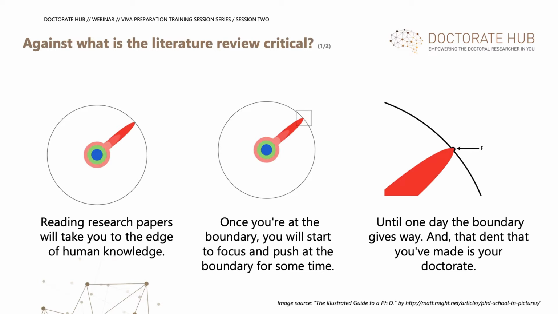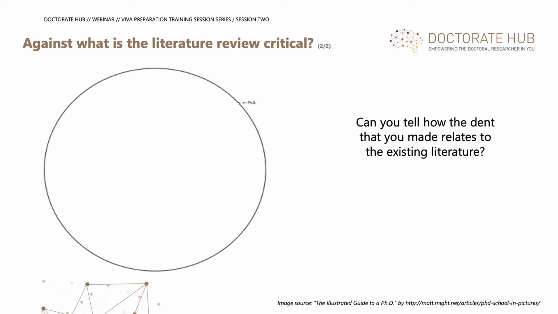By the way, it wasn't me drawing that, but it's taken from a source which I encourage you to look into. And I think Matt has brilliantly illustrated how that looks. By the end, once you've made your dent, can you tell against what existing literature that is of relevance?